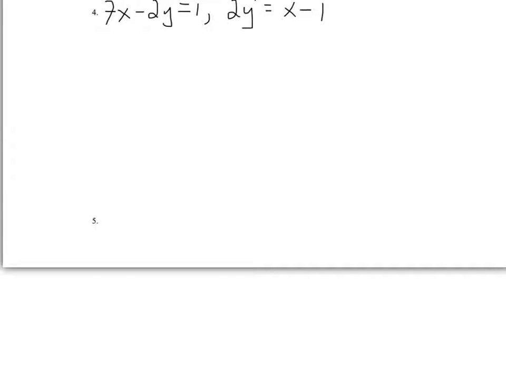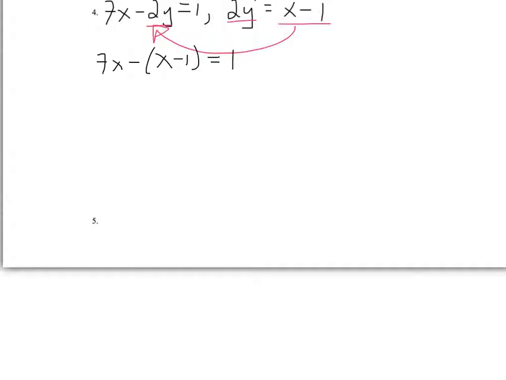For number 4, I recognize 2y here and a 2y there. In this case, I'm going to use substitution. And I'm going to take x minus 1 and substitute it in for that 2y, which leaves me with 7x minus parentheses around x minus 1 equals 1.